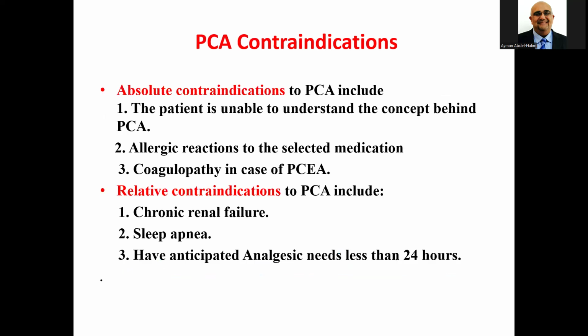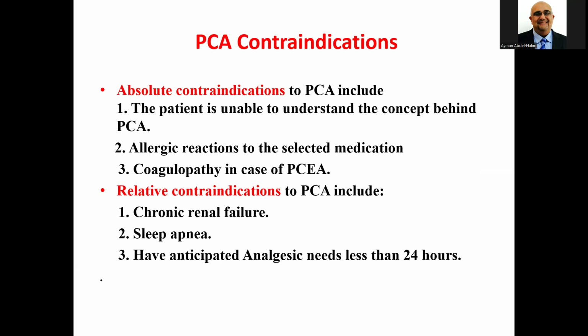PCA contraindications. PCA is contraindicated in a patient that's unable to understand the concept behind PCA, or with allergic reaction to the selected medication, or coagulopathy in the case of patient-controlled epidural analgesia. Relative contraindications: chronic renal failure, sleep apnea, and anticipated analgesic needs of less than 24 hours.